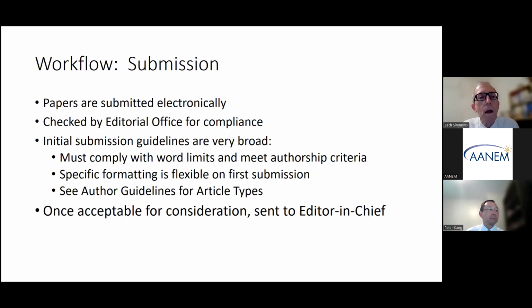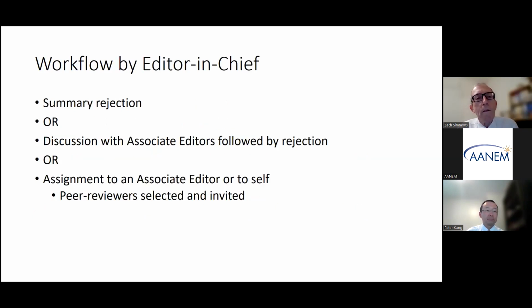Next slide, please. And so after that, the editor-in-chief can make a decision, either summary rejection, which can occur for a variety of reasons. Inappropriateness of content for the mission of the journal, for example, is one of the most common. Another one would be that English quality is unacceptable and it has to be edited before it's resubmitted. Or another one would be that we've recently published a great deal on this and the article doesn't seem to contain any new content.